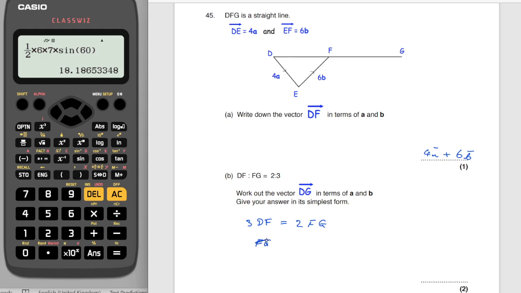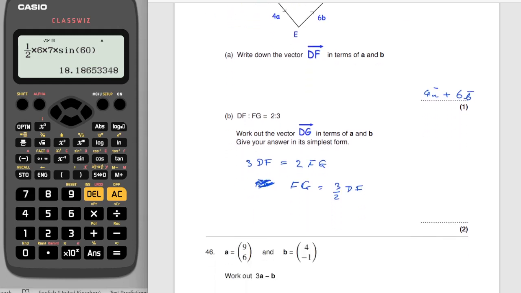So yeah, if I wanted to work out FG, then FG is going to be 3 over 2 times DF. And we've already worked out DF. So that is in effect 3 over 2 times by 4 is going to be 6A, and then 3 over 2 times by 6B is going to be 9B.